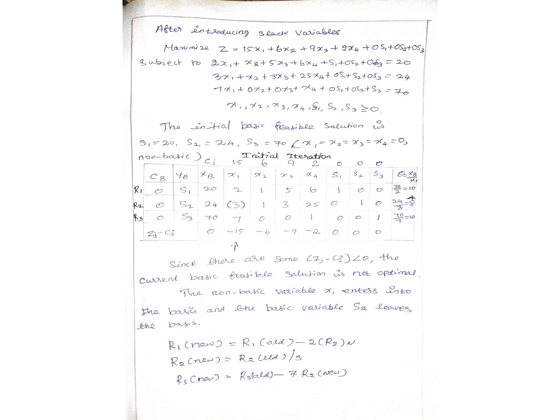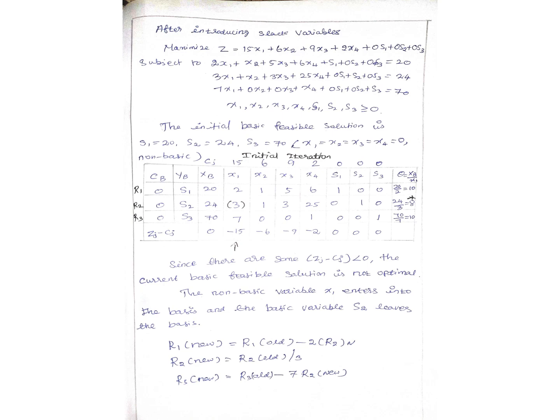The Xb column denotes the values of the basic variables. Then the coefficients of non-basic variables in the constraint equations constitute the body matrix, while the coefficients of the basic variables constitute the unit matrix. Then the row Zj minus Cj denotes the net evaluations.